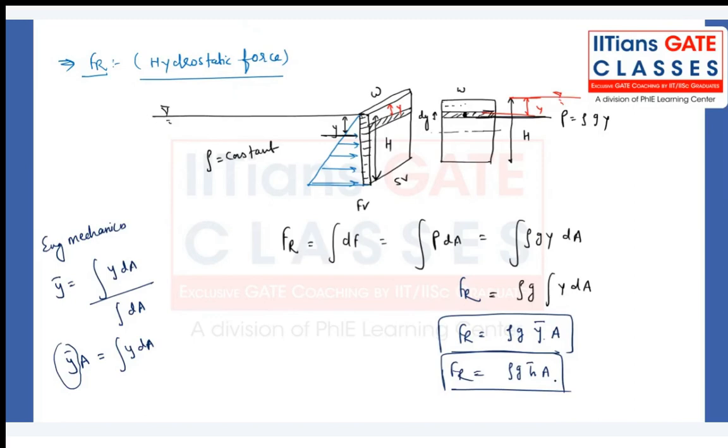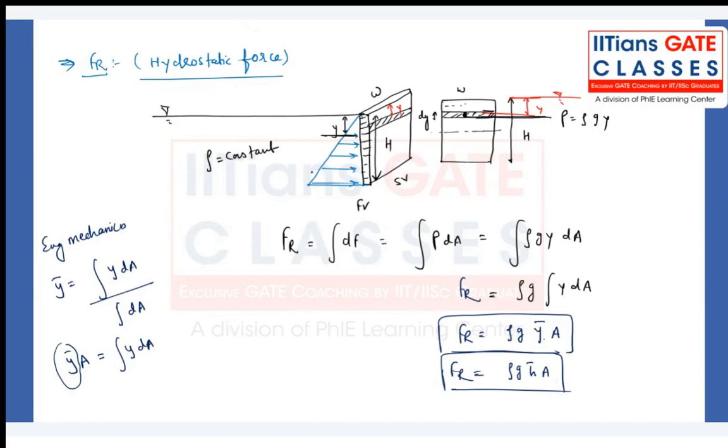Is that clear? There is no point in denoting h bar Cp or incorporating h bar Cp into the formula, because that is not coming into the picture. The location and the pressure value are different things.